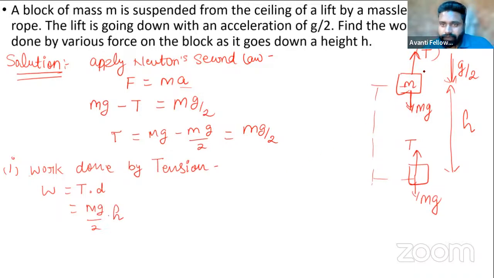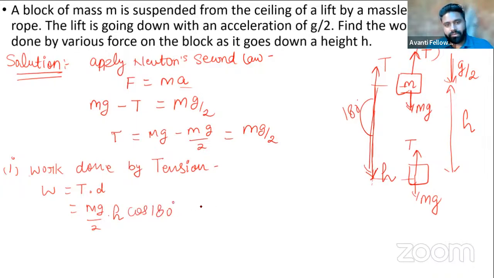Displacement is h, but be careful with the directions and the angles. h we have taken in the downward direction because the lift is going downward, the block is moving downward, and the tension is acting in the upward direction. So they have an angle of 180 degrees between them. They are equal and opposite, so you have to take cos 180, which will become minus 1. So the work done by the tension force here is minus mgh by 2.